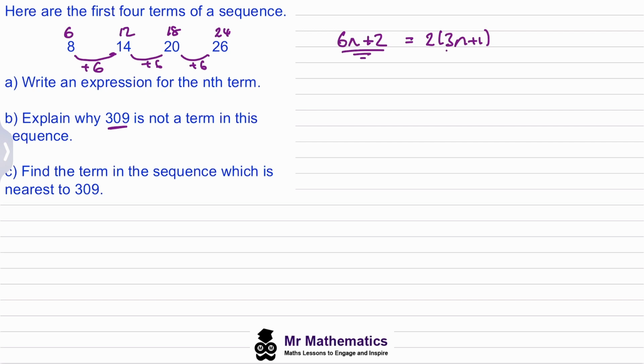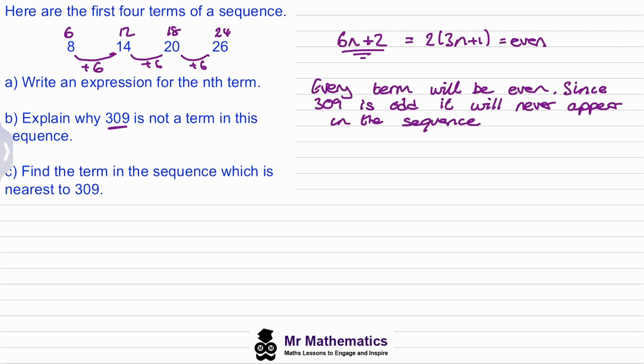And when you multiply any term by 2, you'll always get an even number. So we know that every term in our sequence will always be even. So we can say then that every term will be even, and since 309 is odd, it will never appear in the sequence.